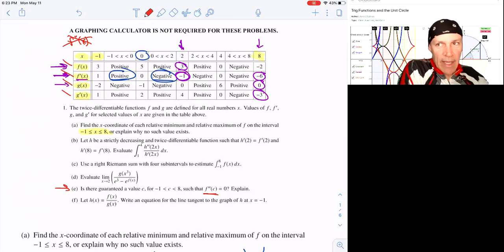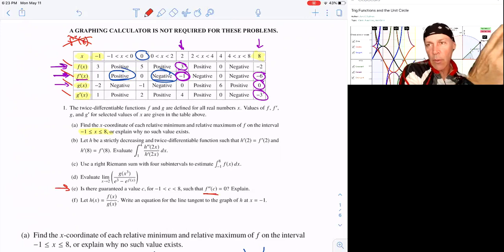Hopefully you're starting to see that. As a general rule of thumb, it's probably not a bad idea to start with the theorems that might fit the situation. Start with mean value theorem for derivatives.